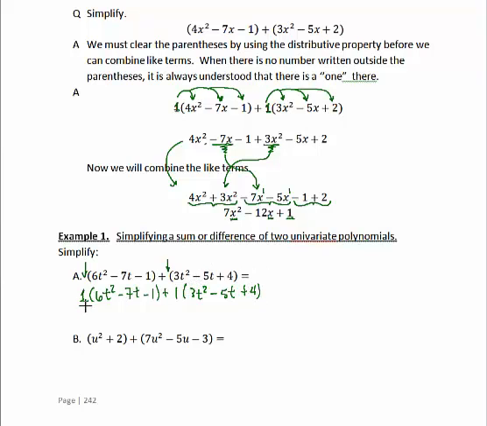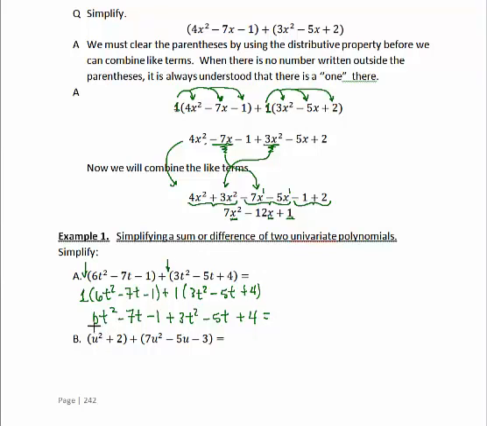In other words, we can just simply drop these parentheses. There's just a 1 sitting in front of them. So we can write 6t squared minus 7t minus 1 plus 3t squared minus 5t plus 4. So with a plus in front of the parentheses, we keep the signs that are contained within the parentheses.